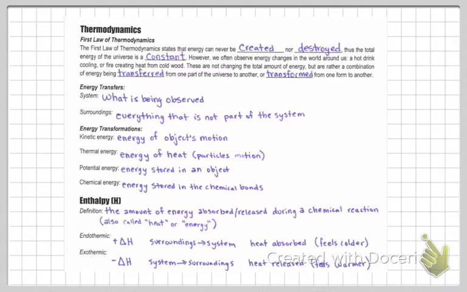Again, enthalpy is noted as H. So when heat is absorbed, that is going to feel colder to the touch. An exothermic reaction is when energy is going from the system to the surroundings. Therefore, the heat is released, and that is going to feel a lot warmer. And we're going to note that with a negative value for enthalpy.